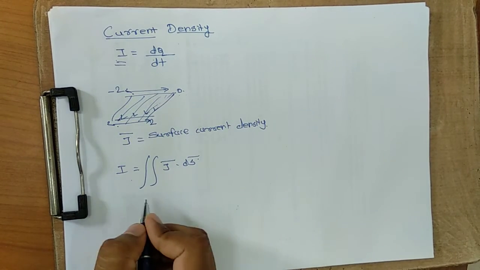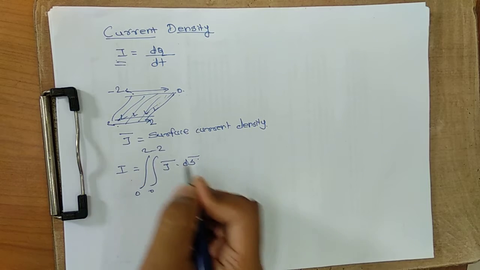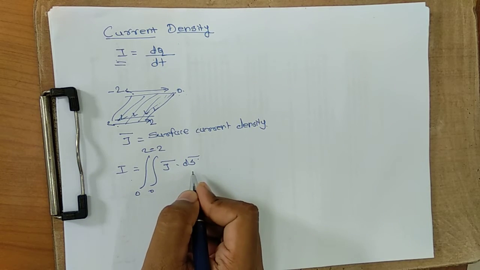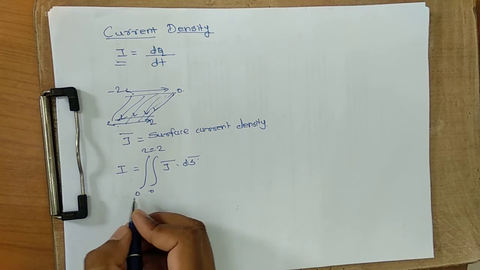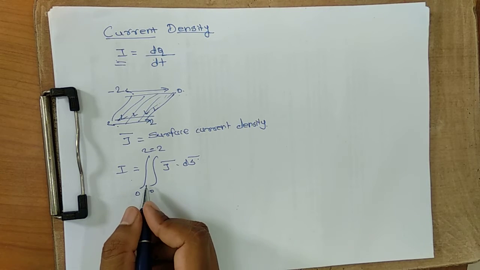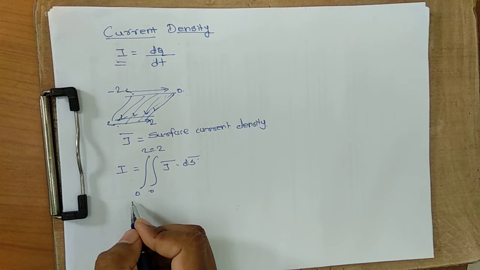Since it is a surface, it is a double integration of J bar dot ds bar. Like that you have to calculate the current. That is the application of current density.